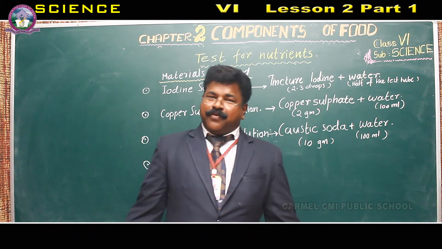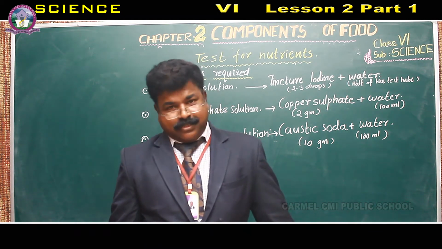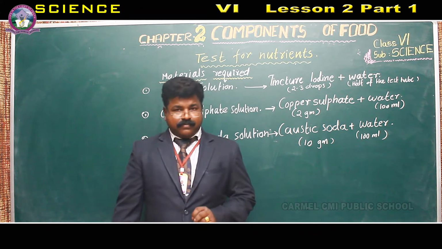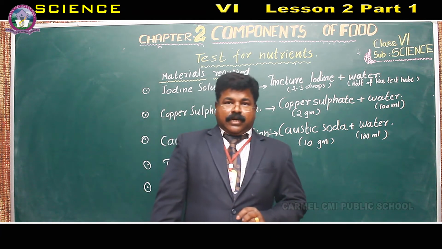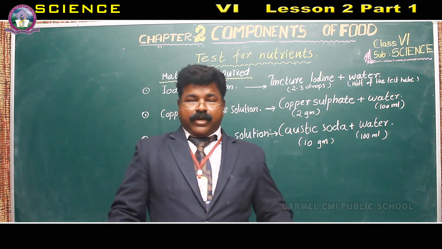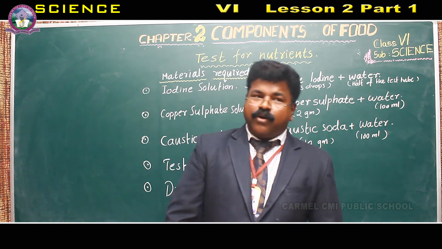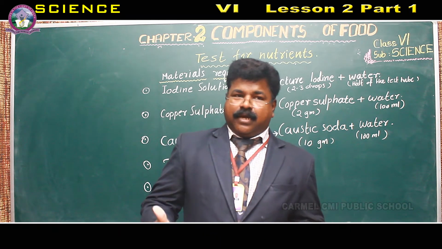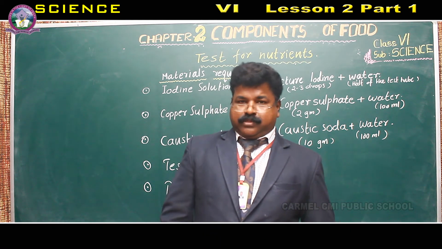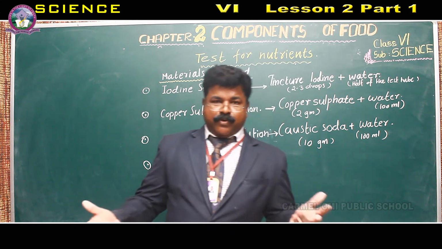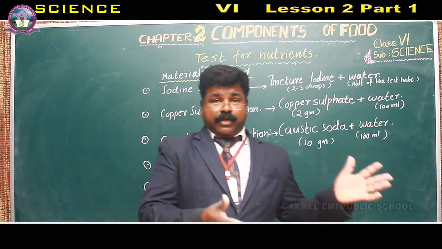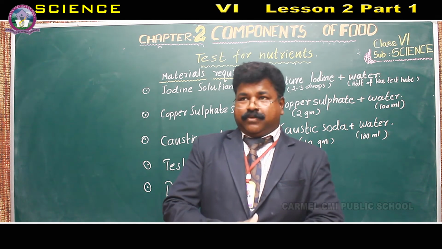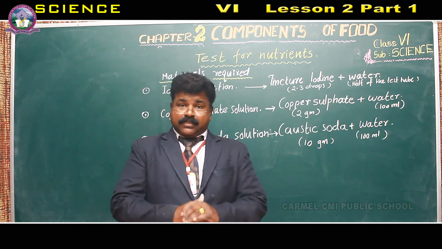Okay, students. Now we have studied what a nutrient is, what the different types of nutrients available in our food items are, and their names and examples. Then how can you know whether the food item which we are using contains all these nutrients or not? Simply by saying, we will not be able to understand whether a food item contains a particular nutrient. For that we need to confirm that the food item we are eating contains these nutrients.